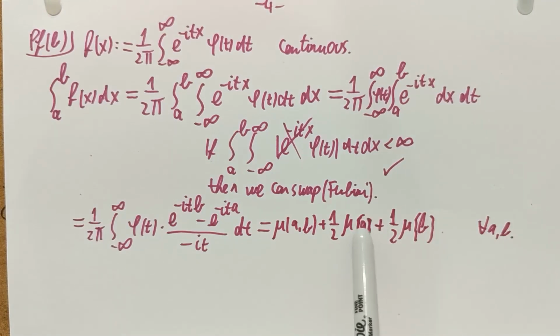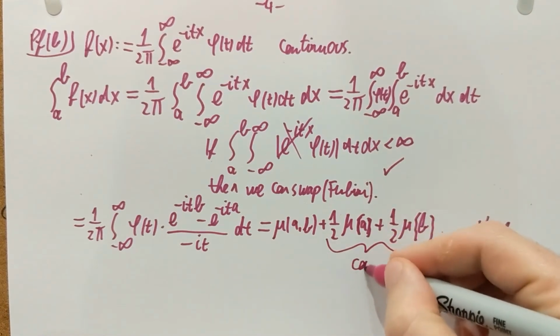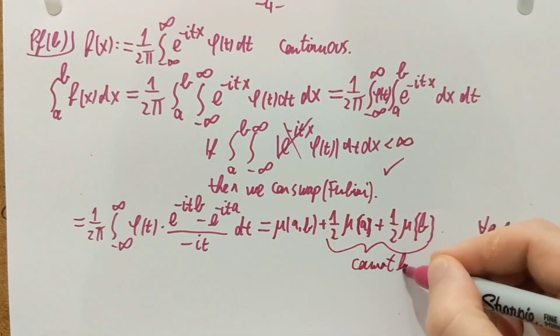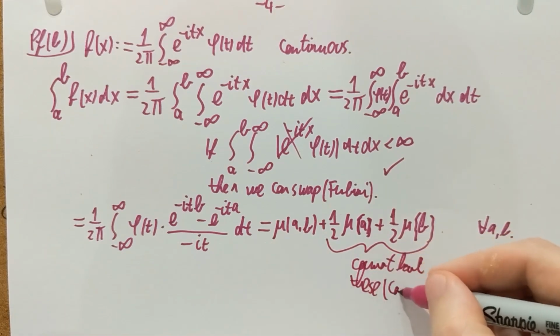If I change a a little bit, and if I had a mass at a, changing a a little bit will make a jump. This means that I do not have any point mass at a and at b, because that would make the right-hand side discontinuous in a or b, whereas the left-hand side is continuous. So I can't have these point masses, because of continuity.